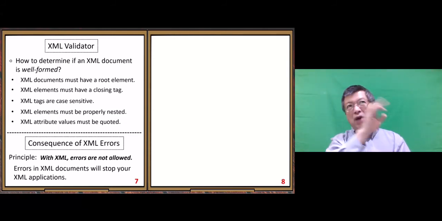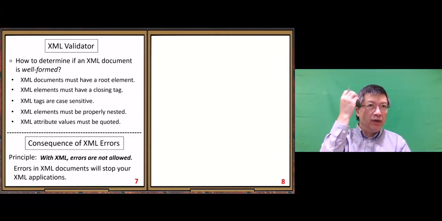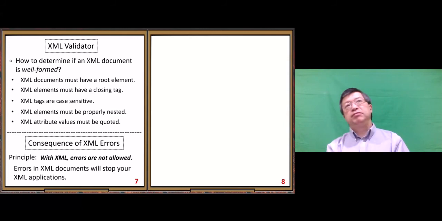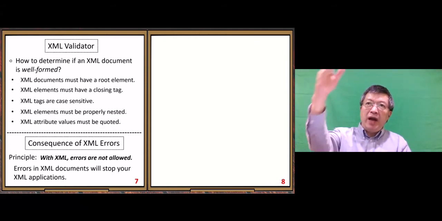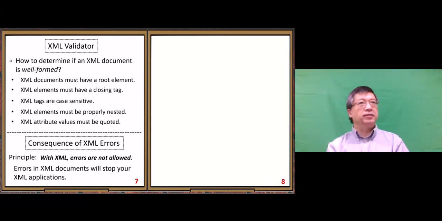So for that reason, you can see the rules are implemented in a strict way. In our document, if we need to use some XML tool, we need to make sure it can pass the XML validator checking.